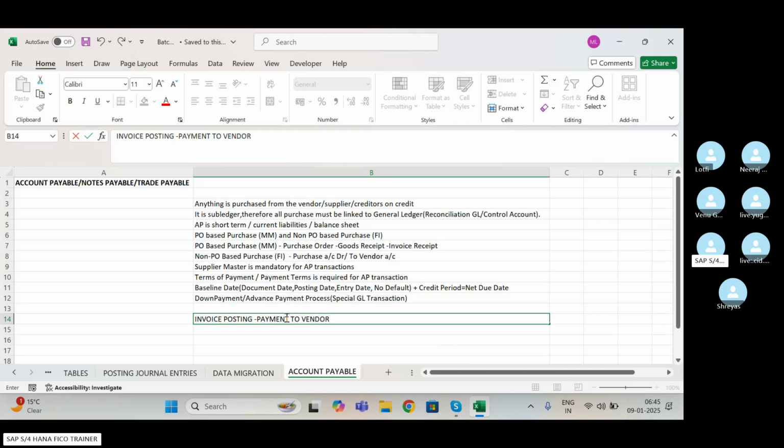Invoice you post, then based on your terms of payment, you have to make the payment to the vendor, then you have to do the reconciliation, bank reconciliation.